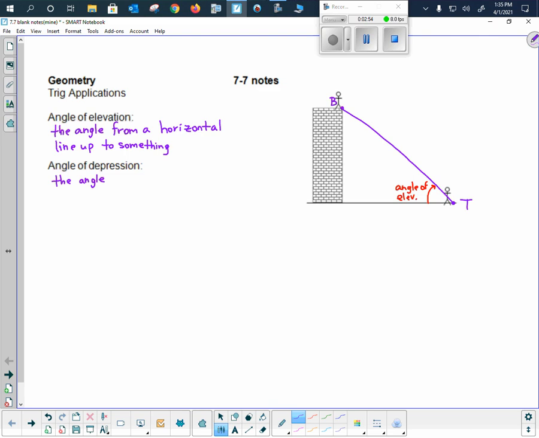Depressed means down, right? Kind of like when somebody's depressed, their mood is down, but depressing something means push down on it. So the angle of depression is the angle from a horizontal line again, but now it's down to something.